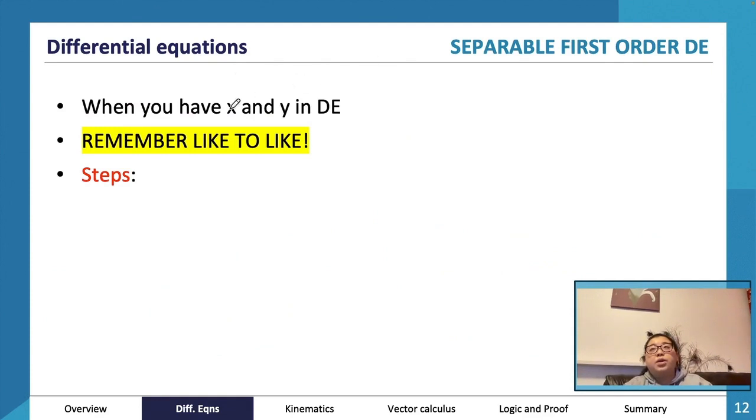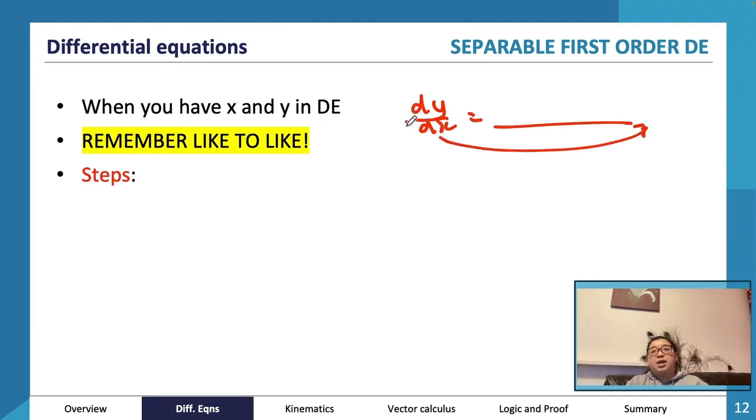Right, so in order to do separable first order differential equations, remember like to like. Essentially, it's a bit of dodgy maths to be really honest, but if you have something like dy/dx equals blah, what you do is separate the dx to this side and keep the dy on this side, or you can flip the dy/dx depending on whether you have y as the subject.